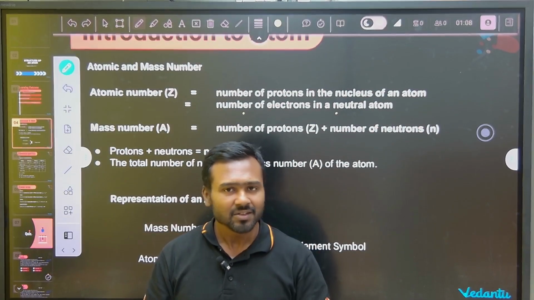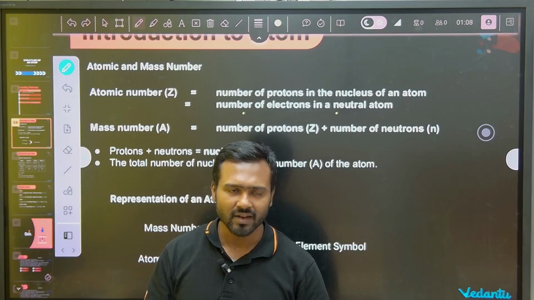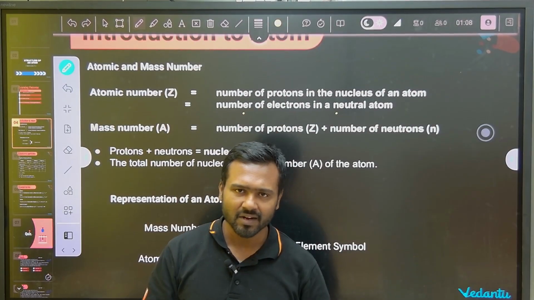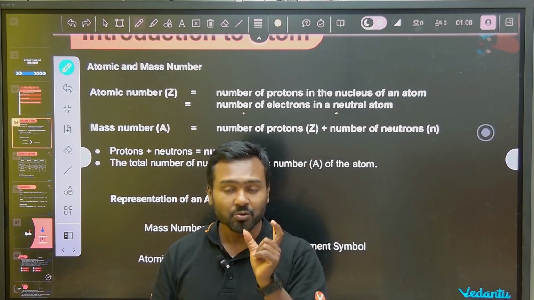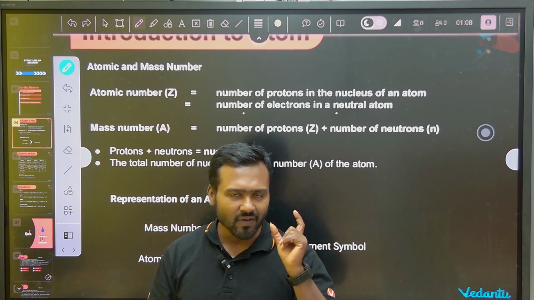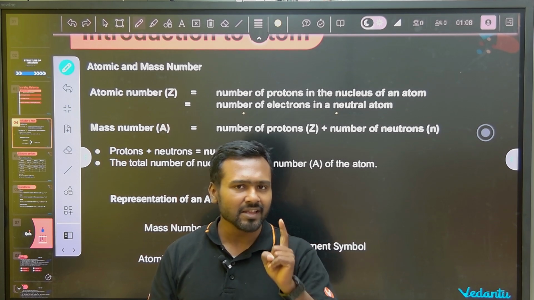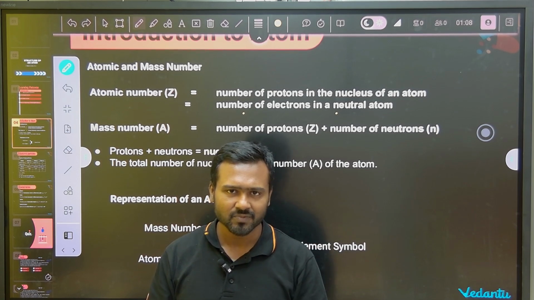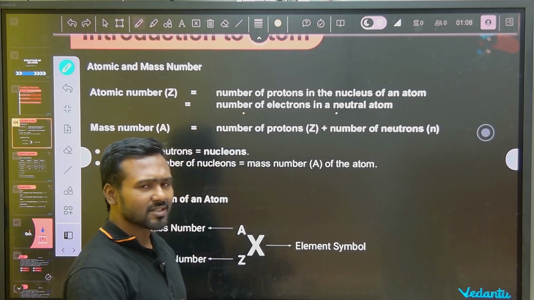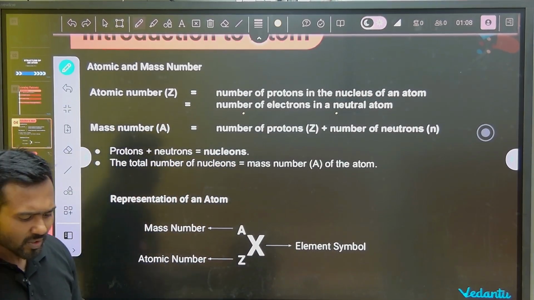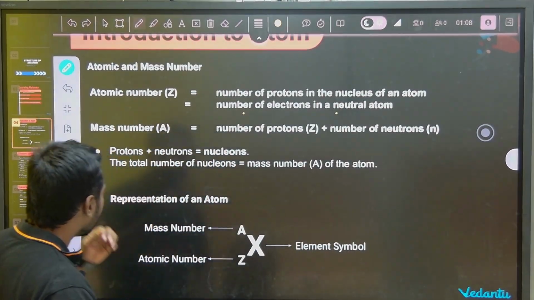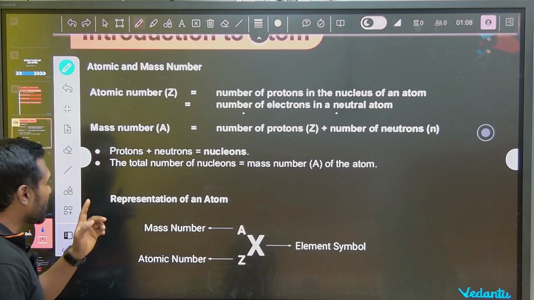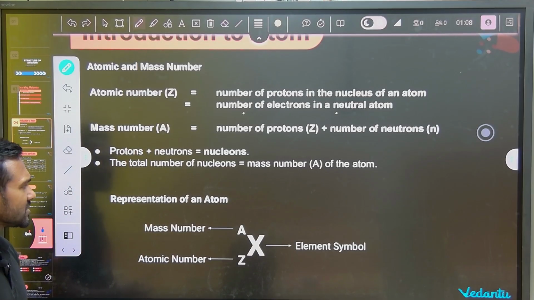And tritium... protons plus neutrons are called nucleons.